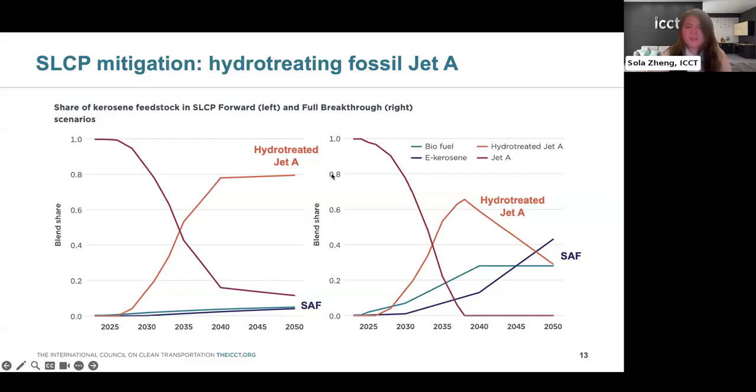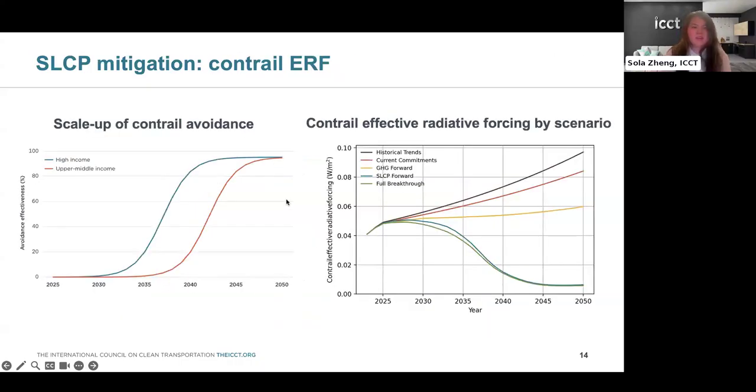And then in addition to the deployment of alternative fuels, as I mentioned, contrail avoidance is also a key lever for reducing contrails from aircraft. And we are modeling a staggered implementation of the rerouting technology based on the income level of the countries.